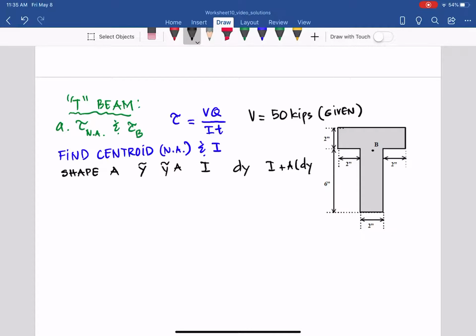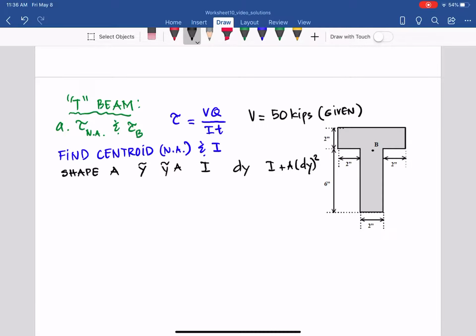Very important, and this goes with you again later on in this class. So be very careful when we learn how to determine the area moment of inertia and the centroid.